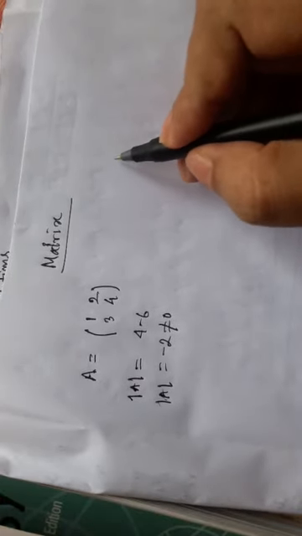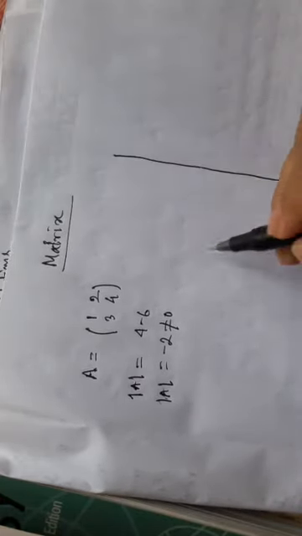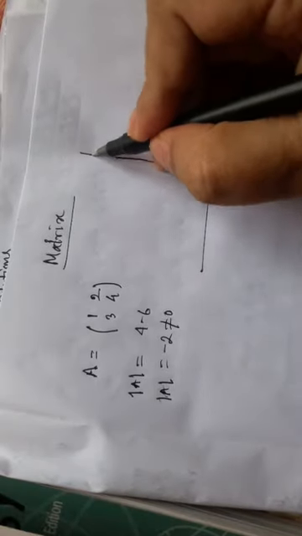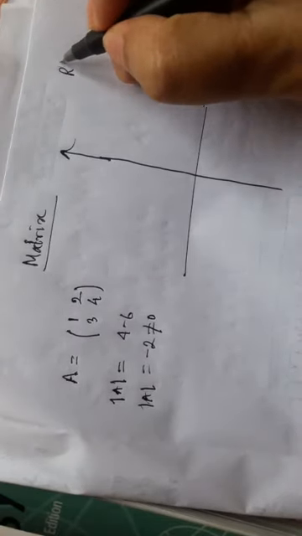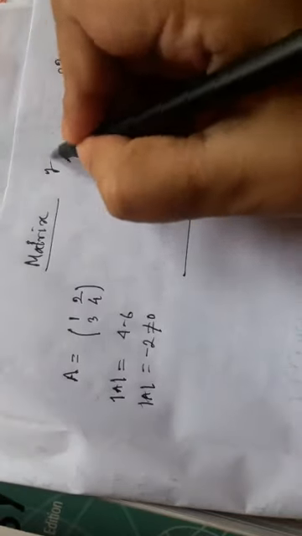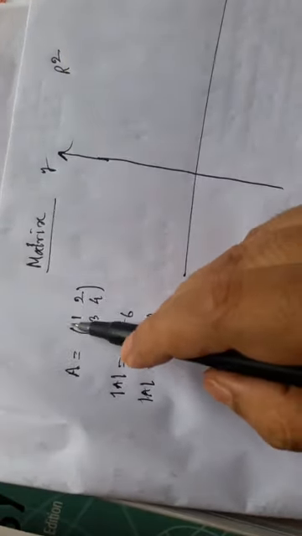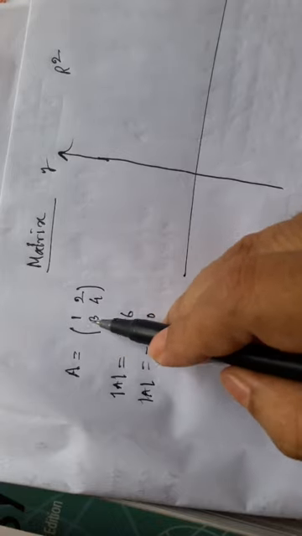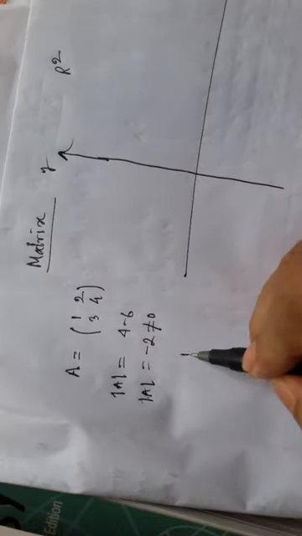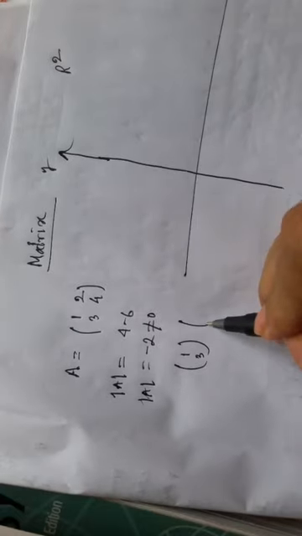Now let me draw the curve. This is the R2 plane, R plus R, the X, Y plane. So we plot these vectors 1, 3 and 2, 4.